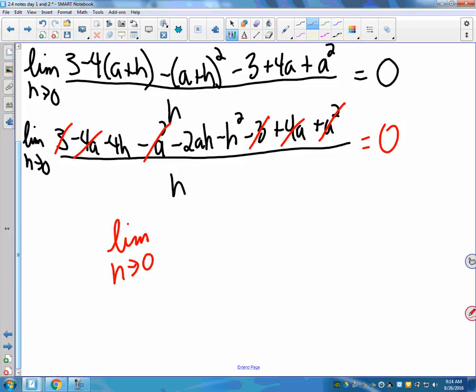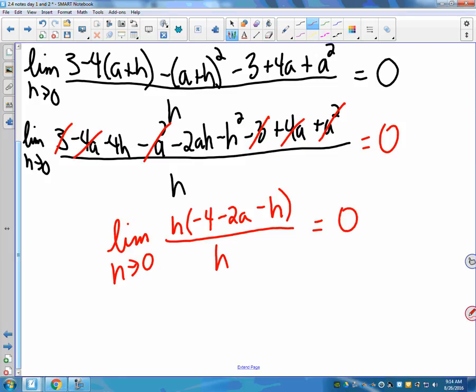And then I always go ahead and factor that h out. So on the top, I'm going to factor the h out, and I'm left with negative 4 minus 2a minus h. And again, I want this to be equal to 0 at some point. I'm going to remind myself of that.